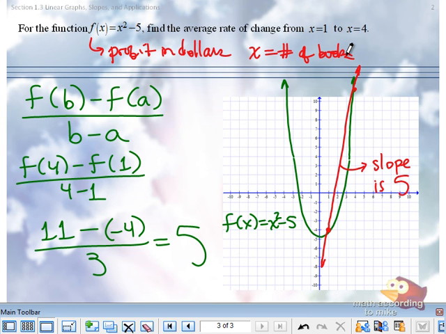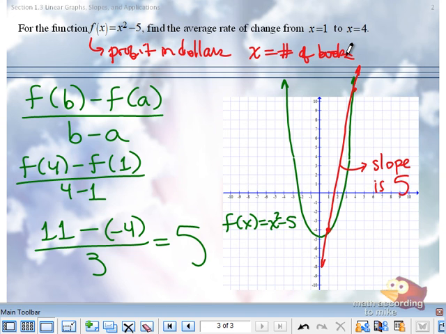So you would say profit is increasing by $5 per book from the first to the fourth books. So anytime you interpret a rate of change, you need a per statement somehow. So $5 per book would be this one.